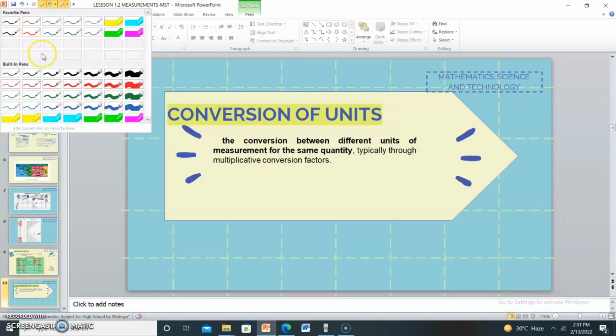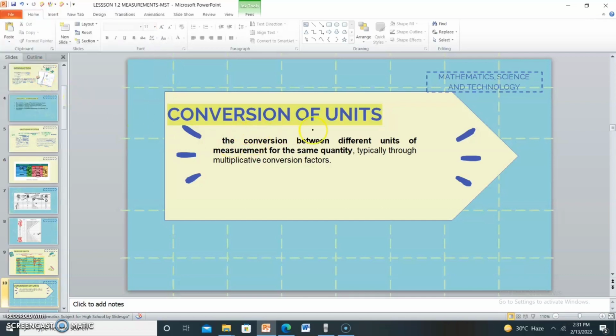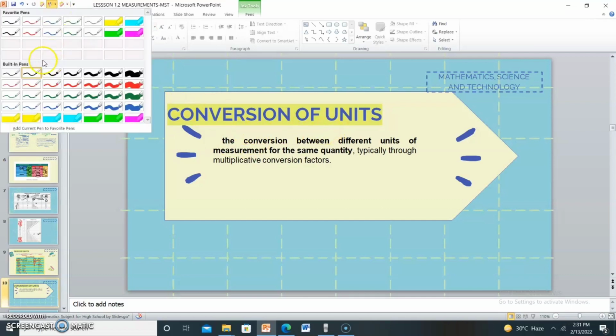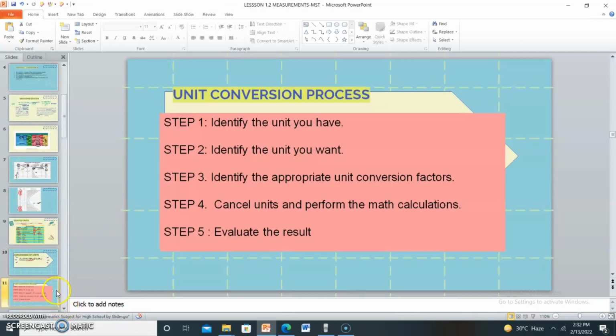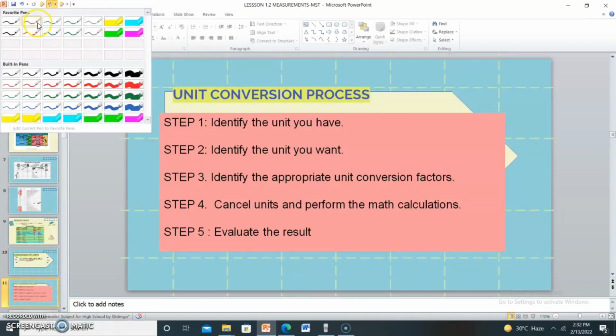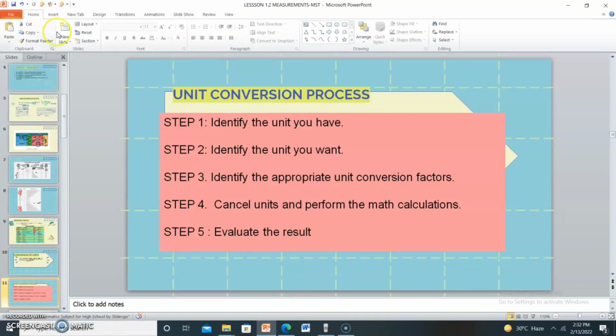Next topic under measurement is conversion of units. In conversion of units, we convert between different units of measurement of the same quantity, typically through multiplicative conversion factors. So these are the steps in the process of conversion of units. The first step is to identify the unit you have or the original unit.